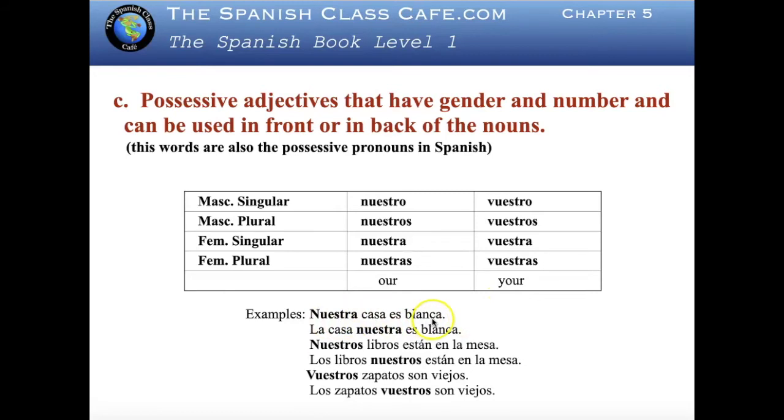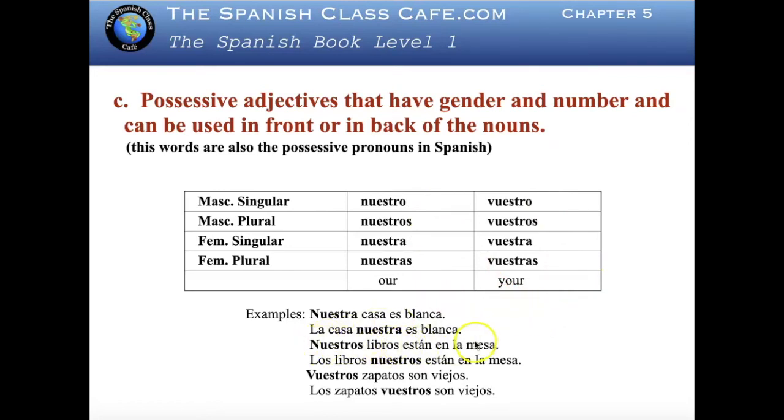Nuestra casa es blanca. You have it in the front of the noun casa. And if we move it to the back, you have to use the definite article in the front, matching the gender, and nuestra will go in the back. This group of possessive adjectives, also notice that they have gender and number. That's why we have 4 of each of them.